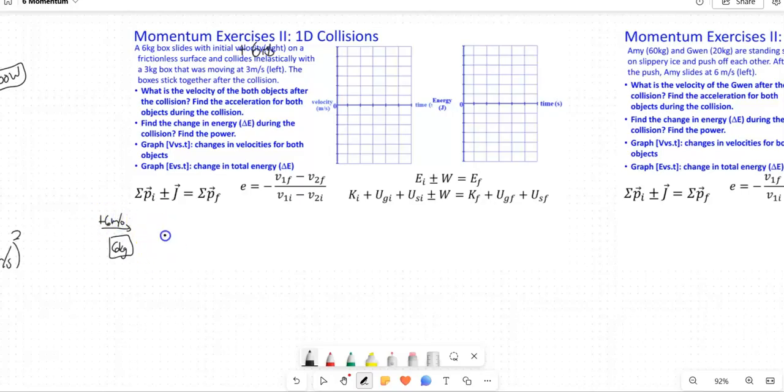And we have another block which is 4 kilograms moving, we have another block that is 3 kilograms moving to the left at 3 meters per second.